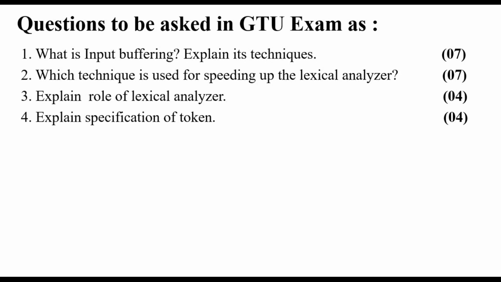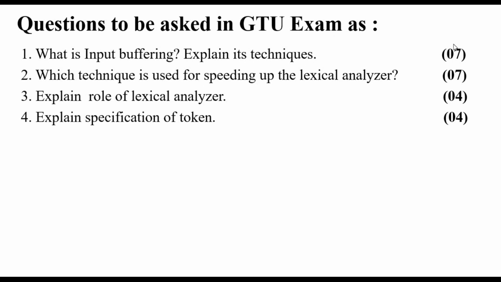Today we discussed the introduction or role of lexical analyzer, input buffering techniques, and specification of tokens. So which types of questions are asked in the GTU exam? First, what is input buffering? Explain its techniques.